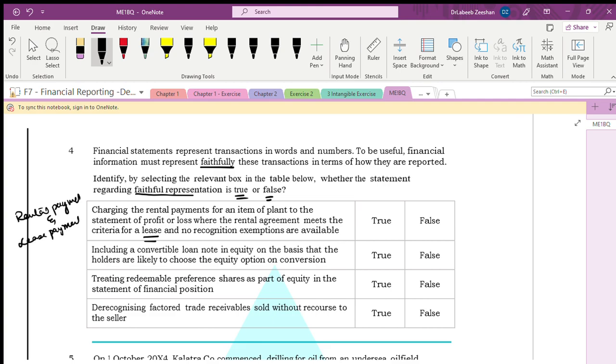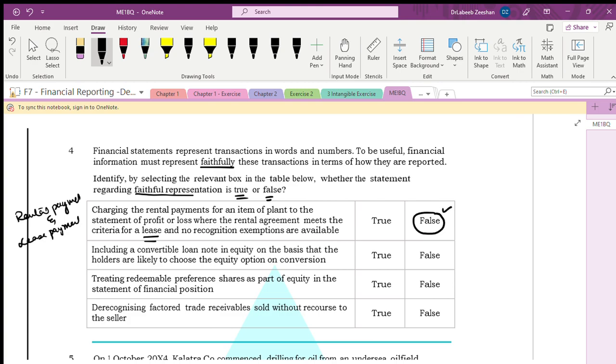We should have a clear distinction. We cannot put the rental agreement in profit; rent is an expense, whereas for the lease, we have to reduce the value of the lease asset. We cannot mix it up.